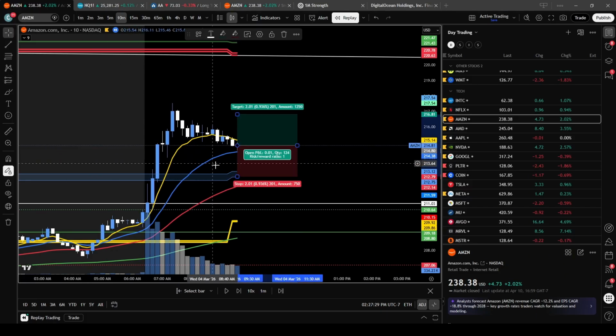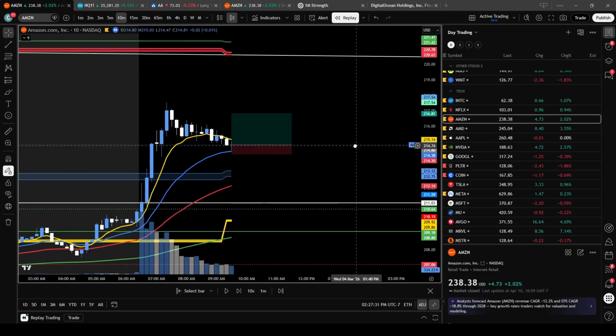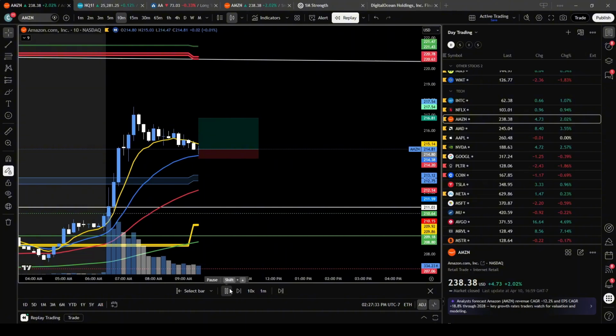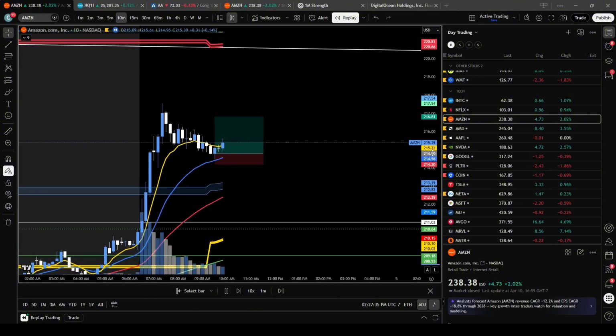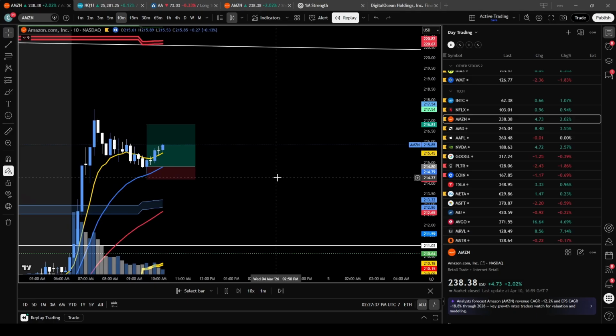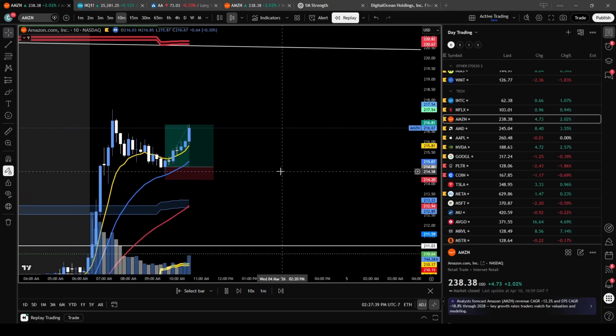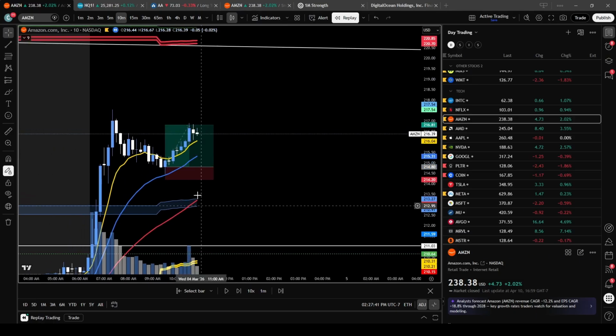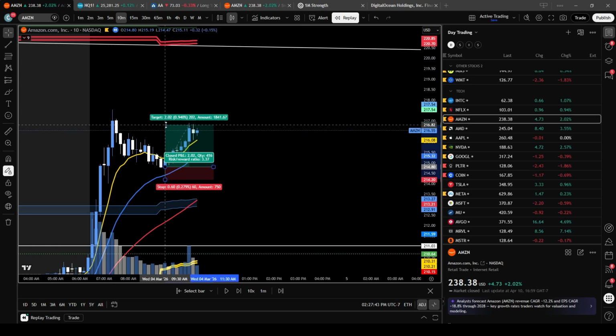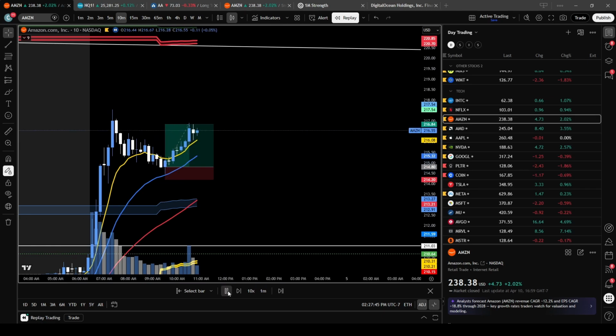And then your stop is, again, just below the 20 EMA. Then you let it work. These can be slow grinders sometimes. And then by now, you're up like 100%.